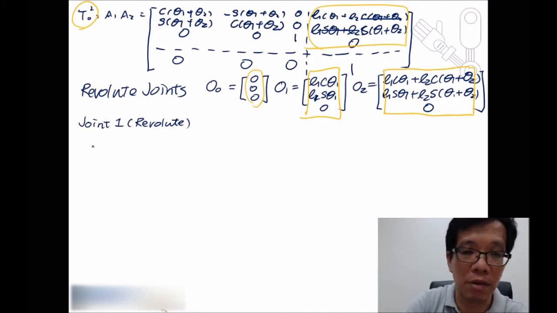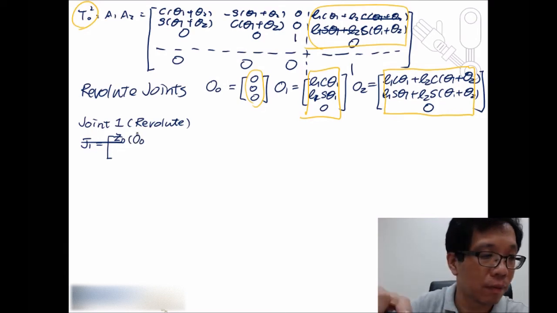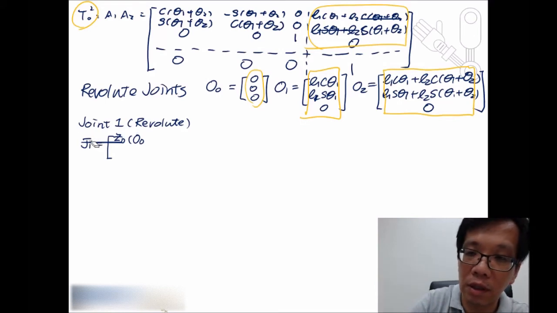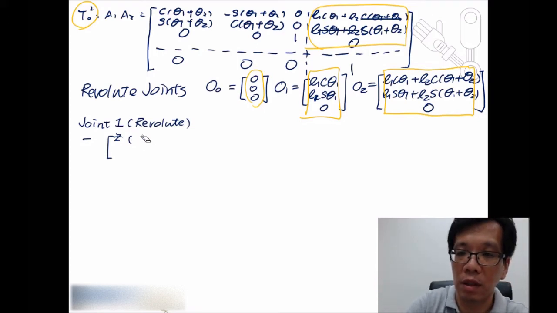When we do something like this, my J1, based on the formula, is going to be Z0, O0, sorry. Let me do this one again. My J1 is going to be my Z0 times O2 minus O0.